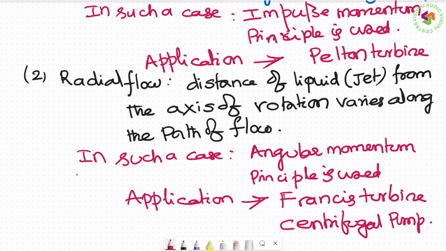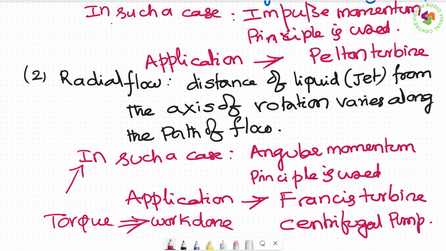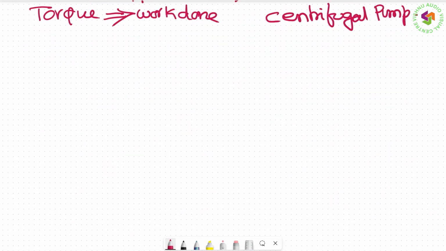So here in this case, we calculate from torque to work done. Here we calculate from force to work done. The difference is this. In the case of tangential flow, I will show the figure also. Suppose this is the wheel. This is the axis of rotation.